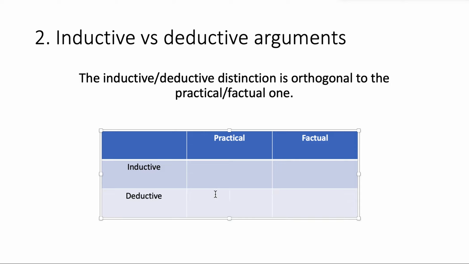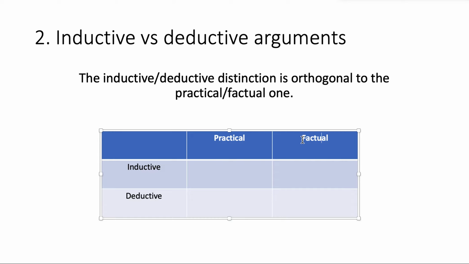They're orthogonal to one another, but it's important for you to have a really basic grasp on how to identify a practical argument, how to identify a factual argument, and how to distinguish between inductive and deductive arguments. Having said that, for the most part, we're going to be interested in factual arguments in this course as opposed to practical ones.